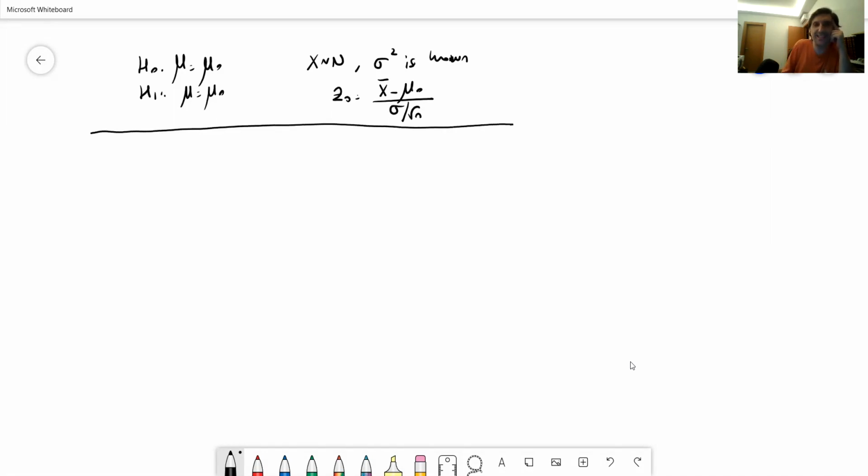Now this is what you are going to do as the experimenter or the statistician. On the other hand, some person actually knows, but you do not know, that the real process mean, the population mean, is equal to this mu 0 value, the hypothesized value, plus some delta value.